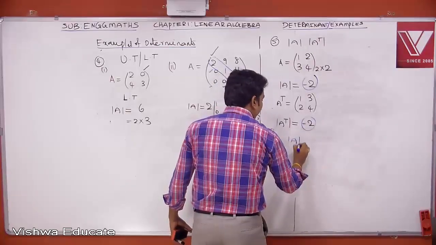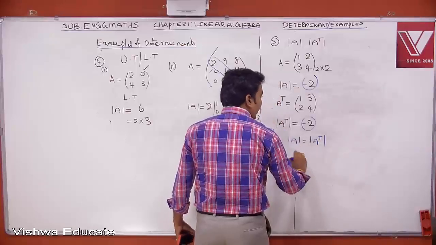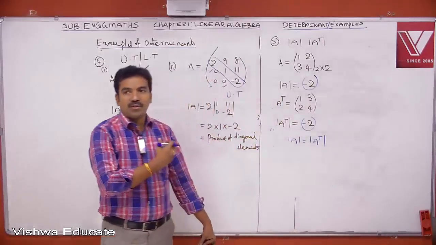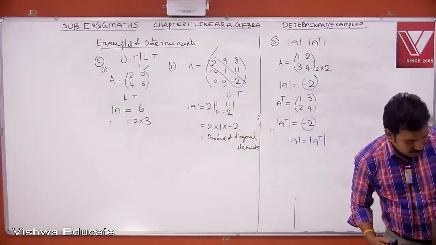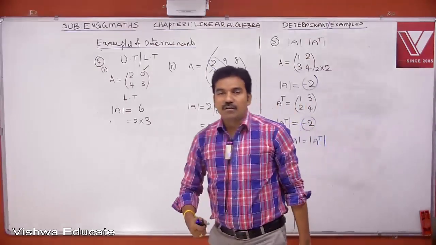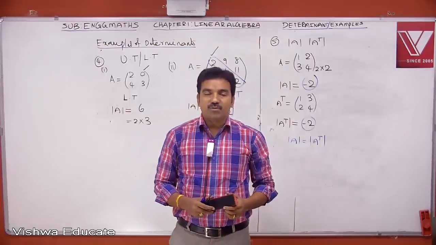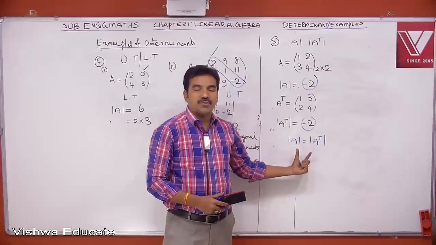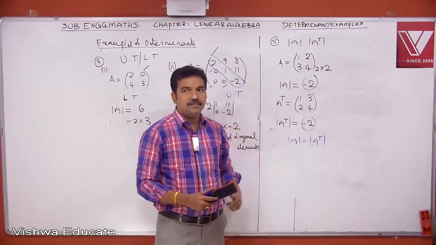So the conclusion from this example is det A equal to det of A transpose for any square matrix A. Note this example. Conclusion, if A is any square matrix, then det A equal to det of A transpose.